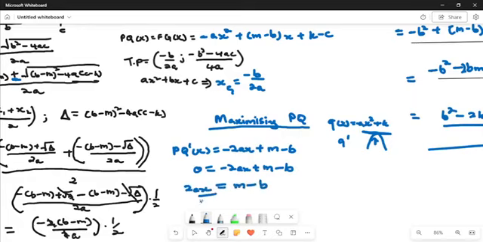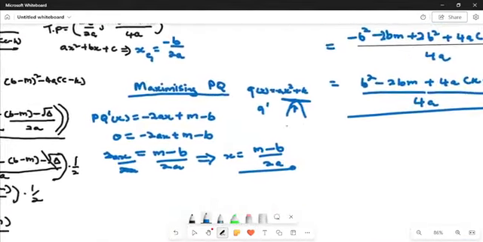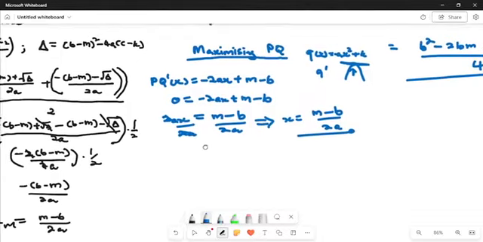Divide both sides by 2a. So look at that. Now our x value is equal to m minus b divided by 2a. And this x value is equal to our x at m. Our x at m is m minus b divided by 2a. So after finding the first derivative, we are getting our x value the same as the x value of the midpoint. So we've proved it.